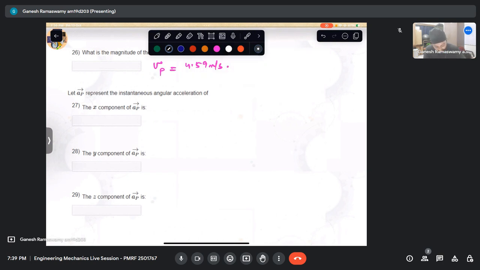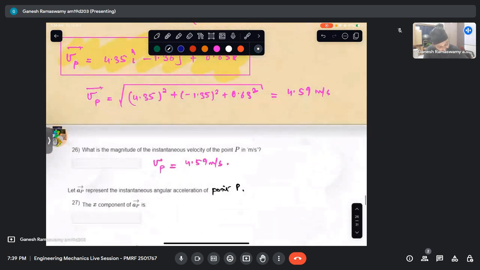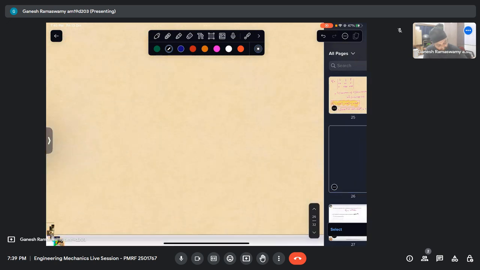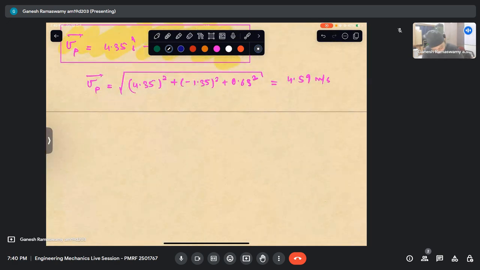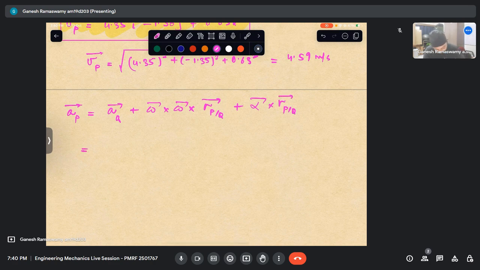Next, we have been asked to find the acceleration of point P. Similar to this, the total acceleration of point P also we can find out, which will be nothing but acceleration of Q plus omega cross omega cross r of P with respect to Q plus alpha cross r of P with respect to Q. It will be 0 plus, what is omega?